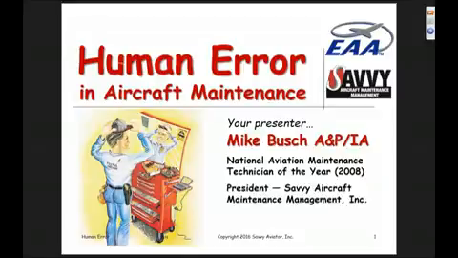Anyway, as Tim said, we're going to be talking tonight about human error and the causes of error in aircraft maintenance. To err is human, but aviation is particularly unforgiving of human error. And specifically, when people make mistakes working on aircraft, bad things can happen.